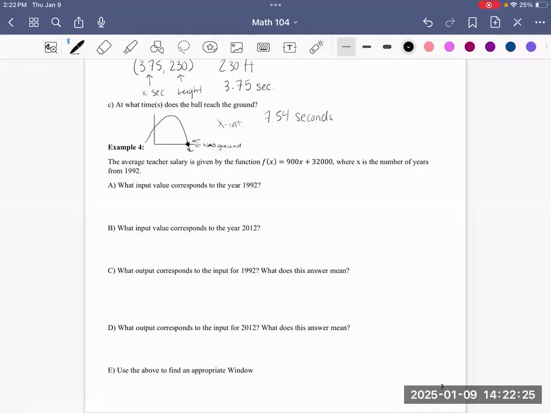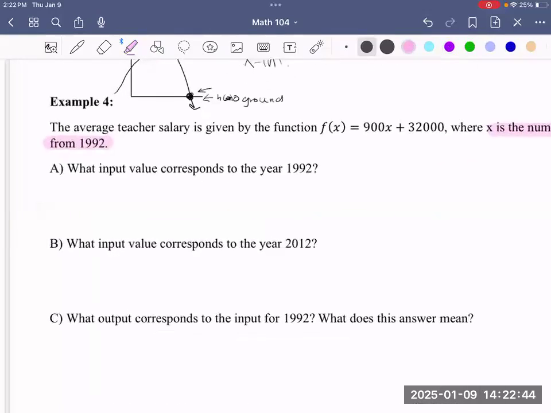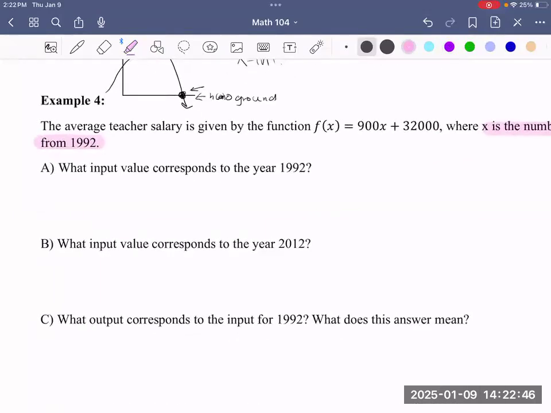So for example 4, it says, the average teacher salary is given by the function f of x is equal to 900x plus 32,000, where x is the number of years from 1992. Now that is our magical sentence. So when it says A, what input value? It's saying what x value corresponds to the year 1992.